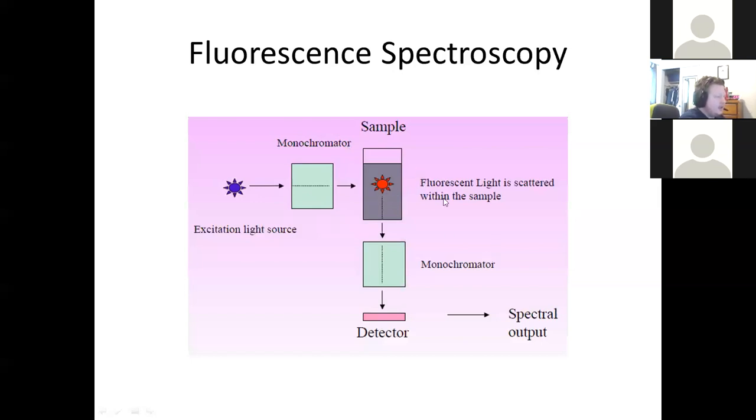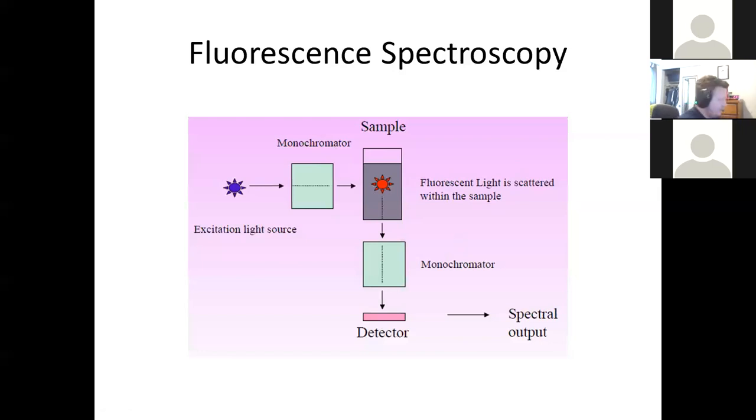However, now we're not interested in detecting how much light got absorbed and what's coming through. We're interested in emission, right? So it doesn't make sense to put the detector directly on the other side of this, right? Because we don't care how much light went in. We care about how much is getting absorbed, interconverted.